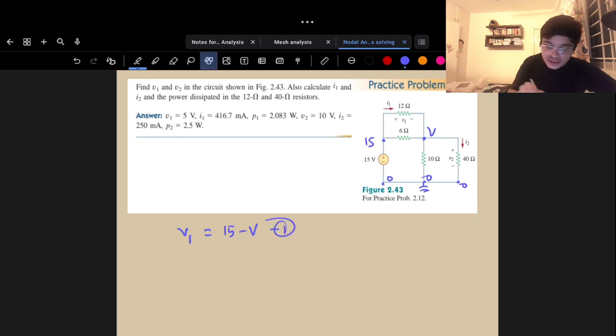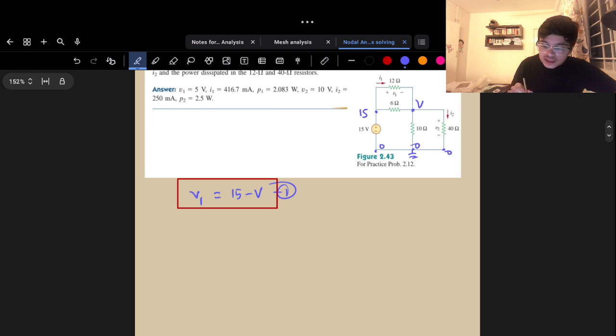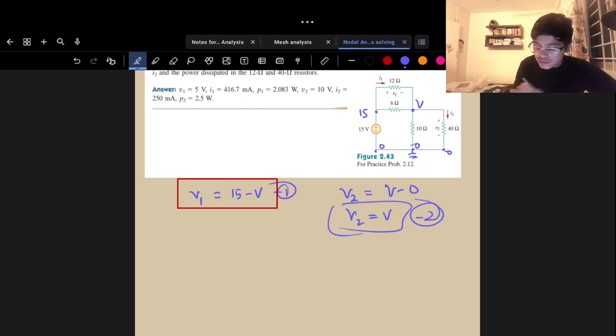Let's put it in a box. That is my first equation. And V2 similarly is equal to V minus 0, that is V2 is equal to V. This is my second equation.